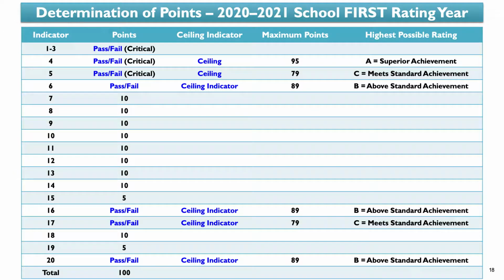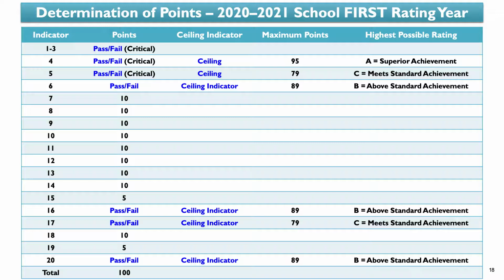This is just a table showing you the points that you can earn for each indicator, which indicator is a ceiling, and which indicators are critical and/or ceiling. 1 through 3 are critical indicators. Indicator 4 is a ceiling and a critical.